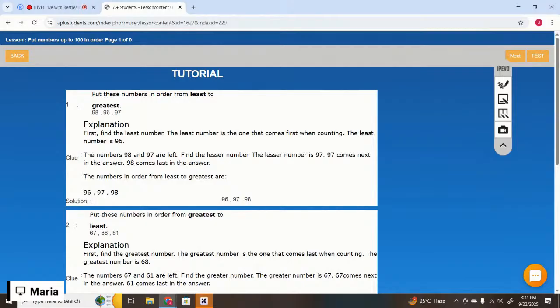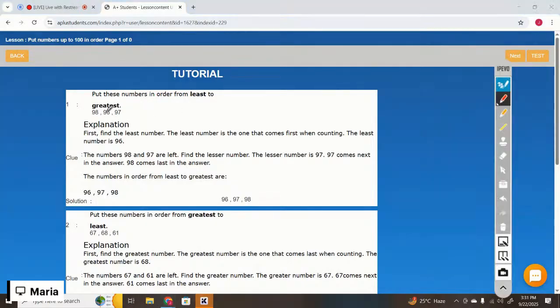The least number is the one that comes first when counting, right? So the least number is 96 because when we count, 96 comes first. Then we have 97 and then we have 98.